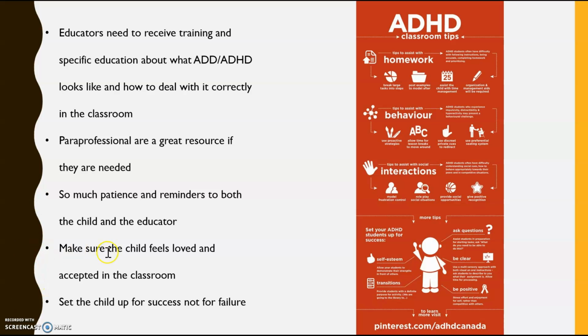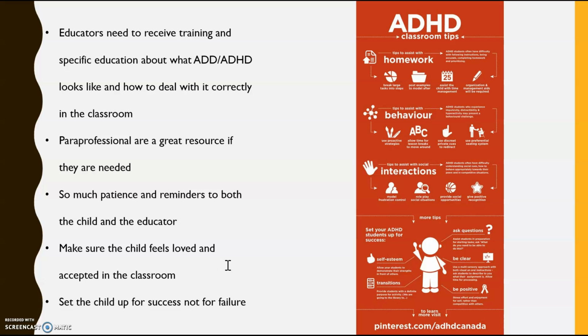Make sure that the child feels loved and accepted in the classroom. I think that this is huge and can remedy almost all of the issues. I think a lot of the time children feel like an outcast because maybe they are lacking those deep connections with students at school, or maybe they don't have a favorite teacher, or maybe they're not a teacher's favorite, or they're having a hard time with family relationships.